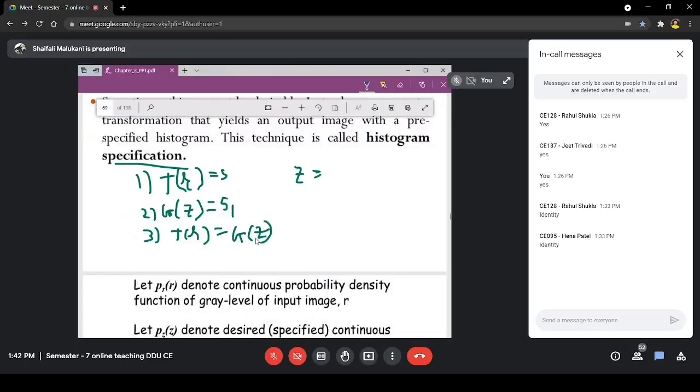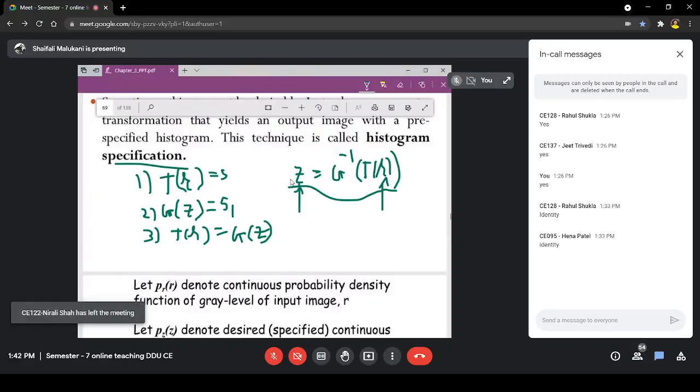It is a very simple way: I get G inverse of T of R. This indicates that you take your input intensity R and apply this function so that you will get Z. What is Z? Z is the desired image having the desired histogram. These are the very basic steps of histogram matching.